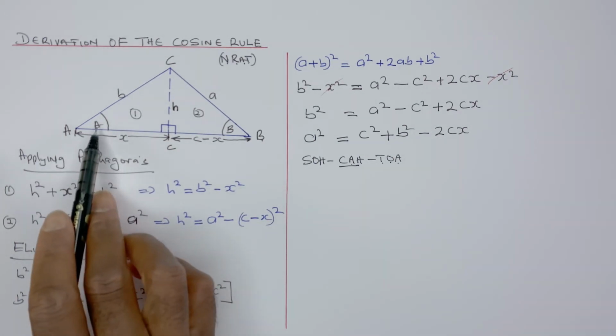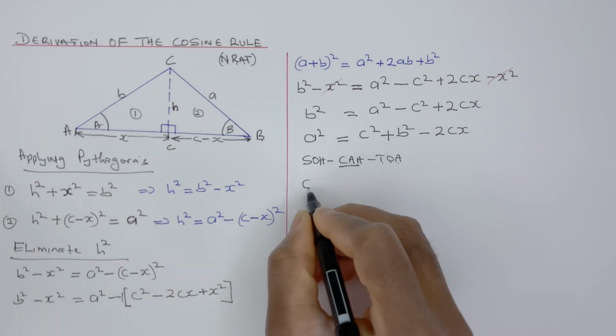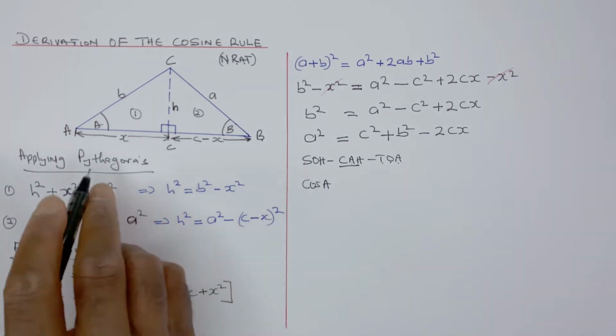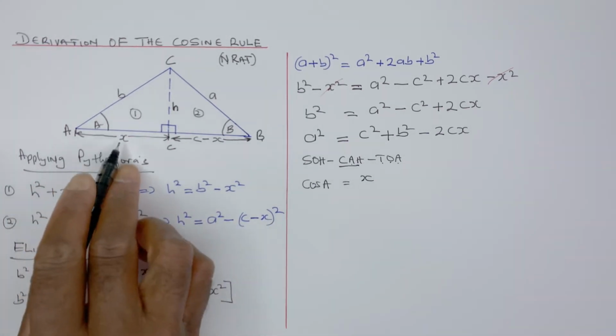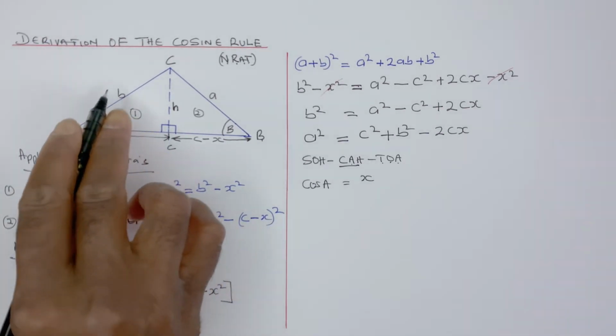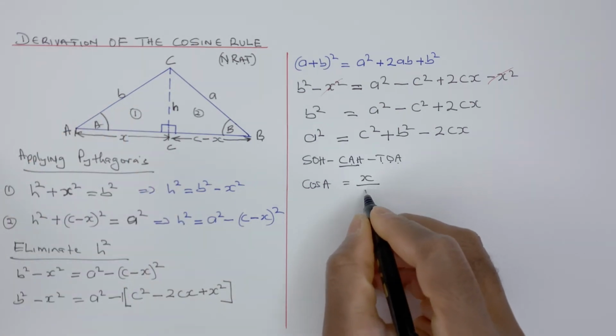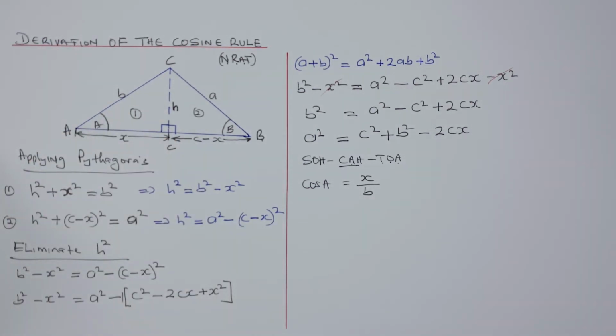So the cosine of angle A is going to be x, from there, the adjacent, over the hypotenuse, B. B is the hypotenuse.